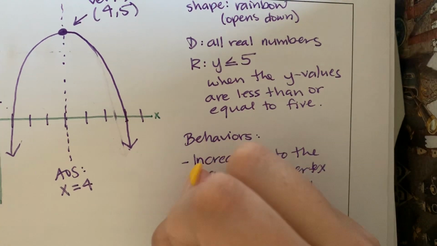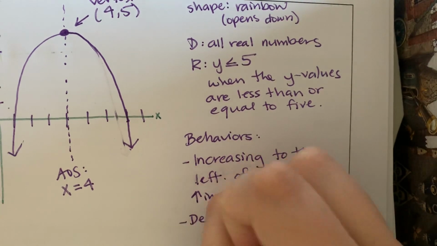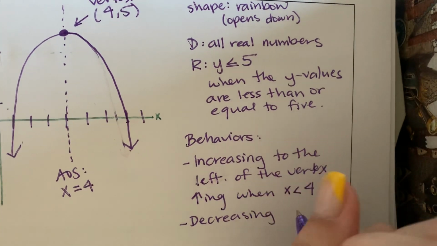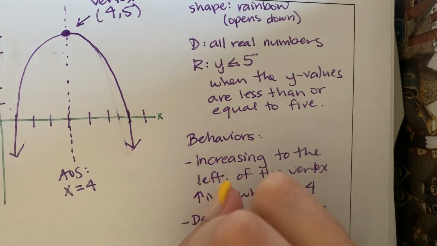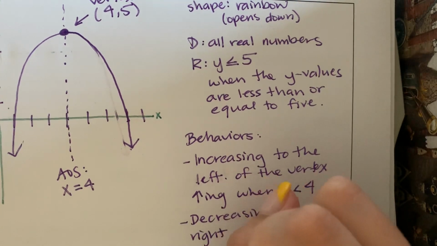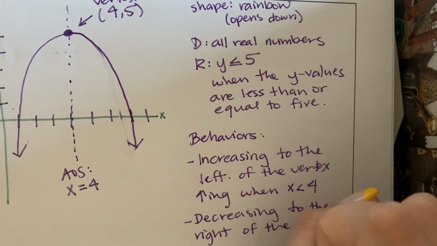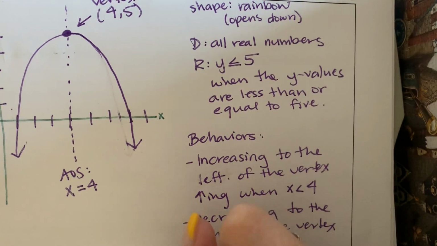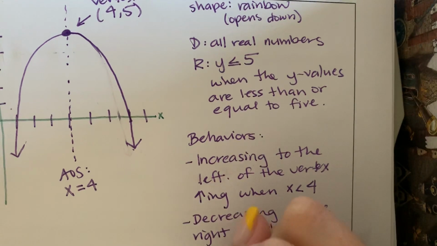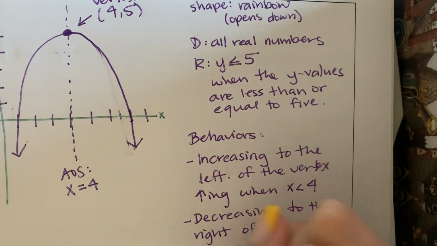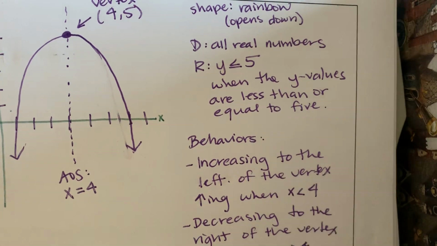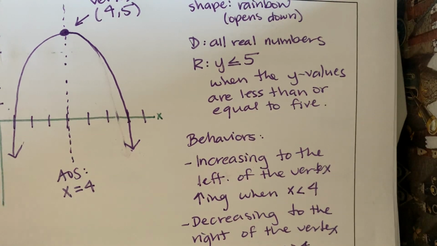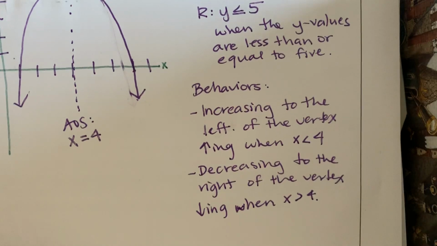And then decreasing to the right of the vertex, so decreasing when x, it's a really bad W, when x is greater than 4. Okay, I'll let you copy that.